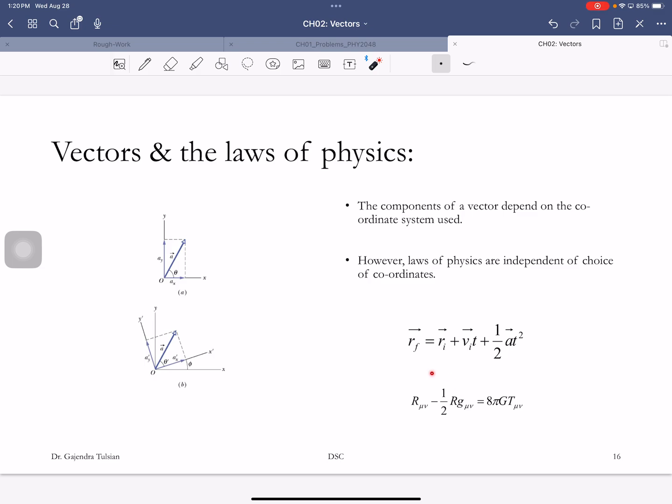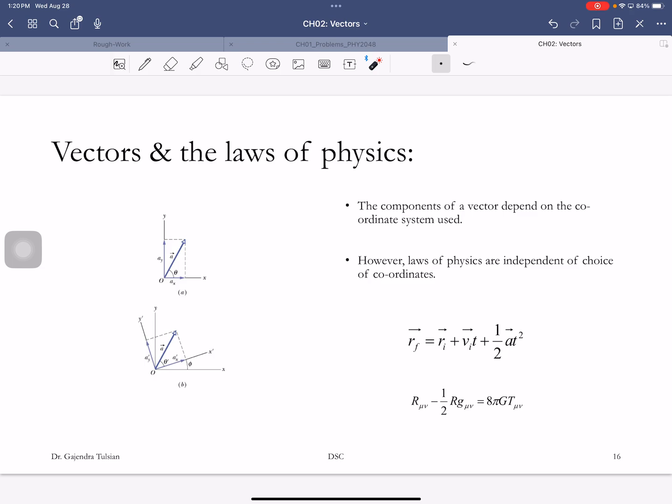What this equation tells you is this side describes how space-time is curved. The curvature of this thing is described here. And what the right-hand side tells you is what makes it curved. So this is a flat space-time.